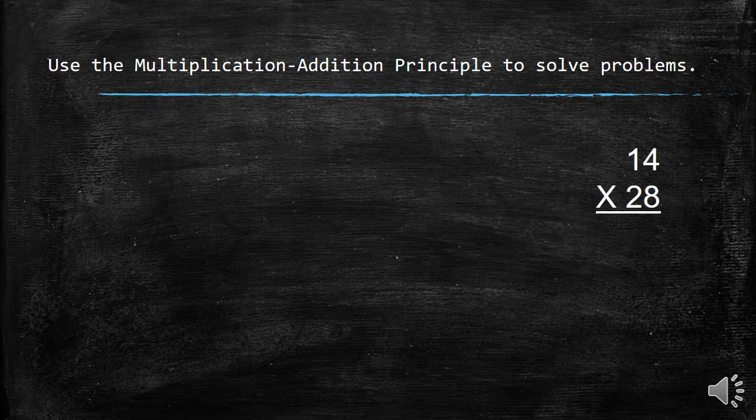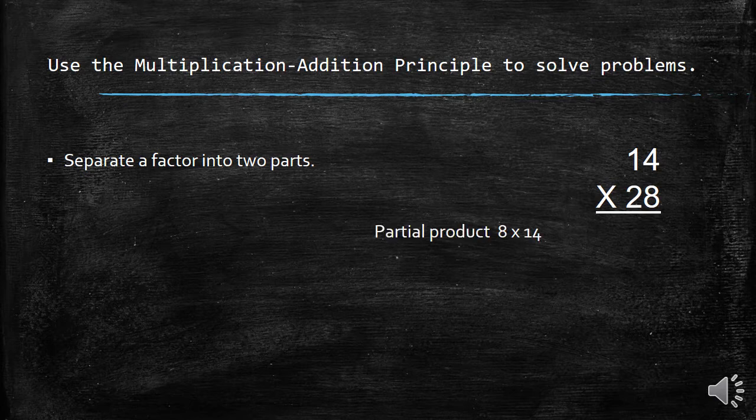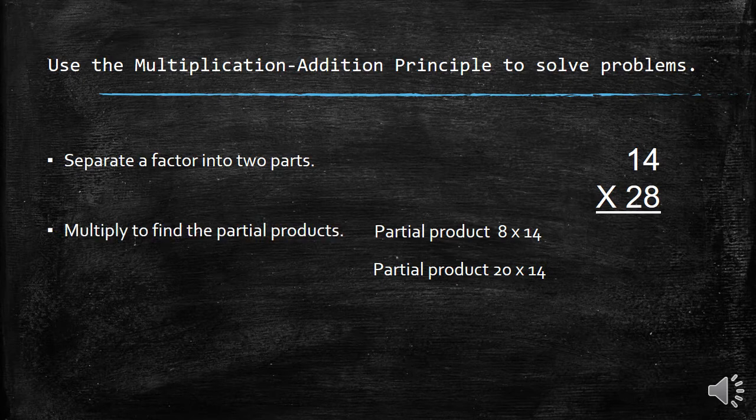14 times 28. The first step, we want to separate a factor into two parts. That would be the 28. So 8 times 14 and 20 times 14. If we multiply those out, 14 times 8, we get 112. 20 times 14, we get 280.